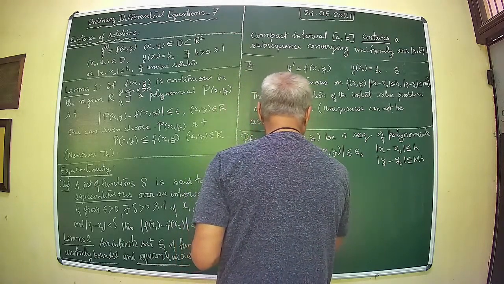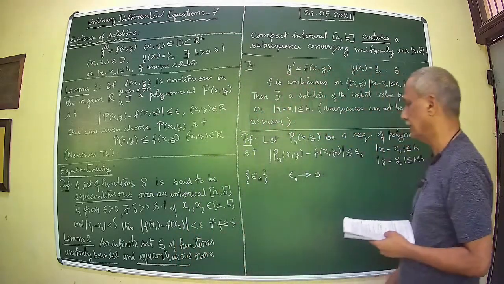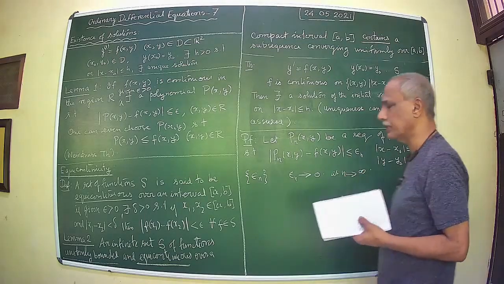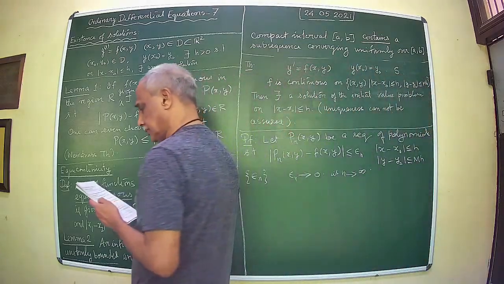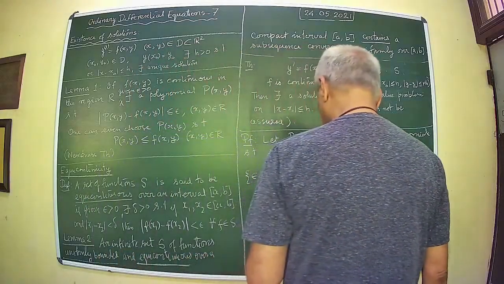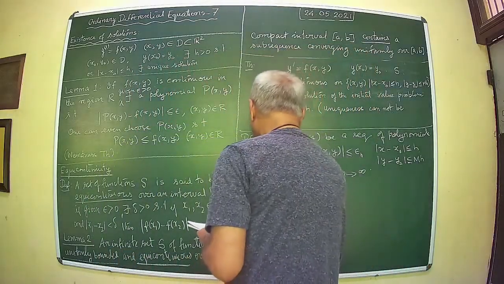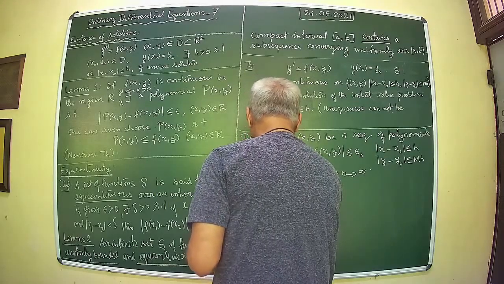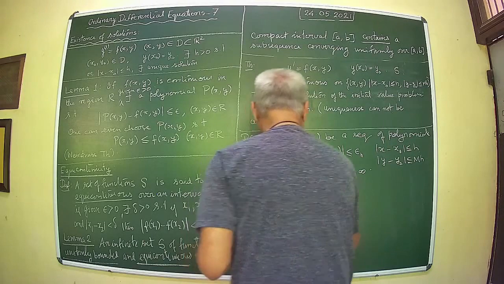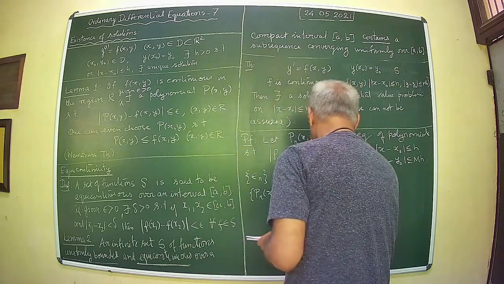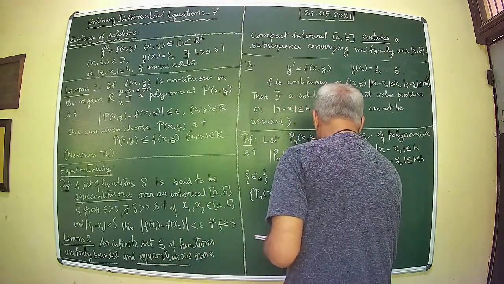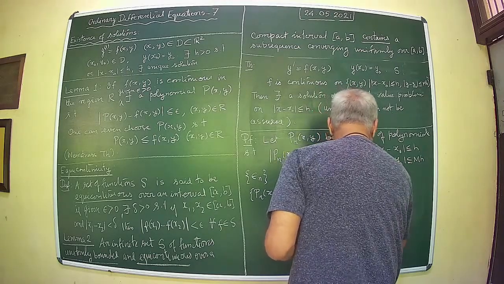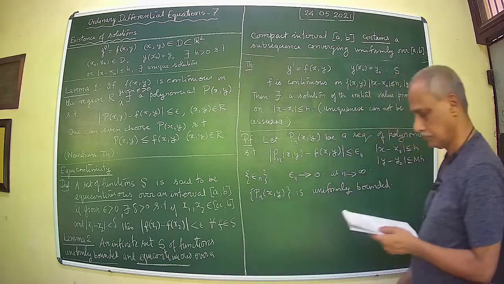Epsilon n is assumed to go to 0 as n tends to infinity. Also you can choose 1 by n. Now we observe that Pn(x, y) is uniformly bounded. That is quite easy to prove.